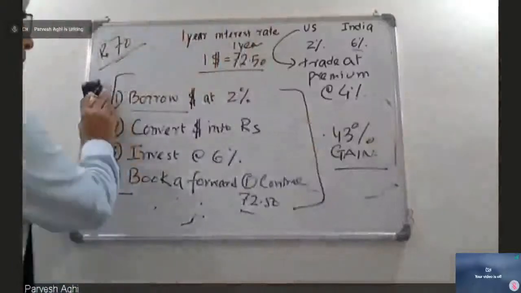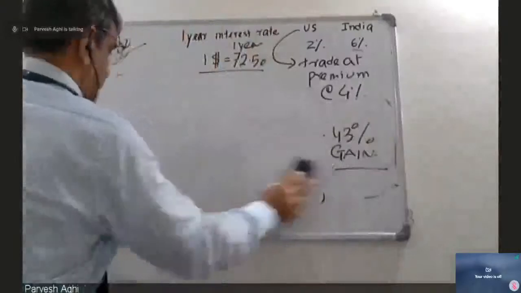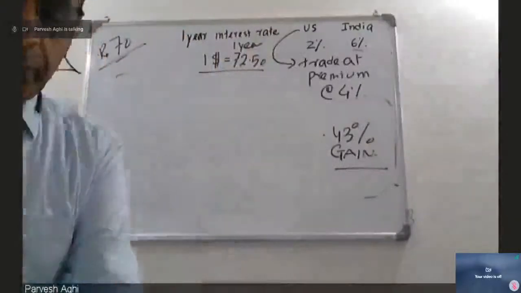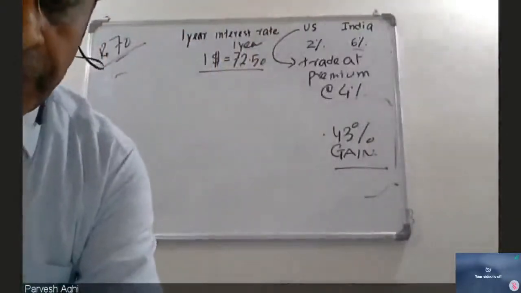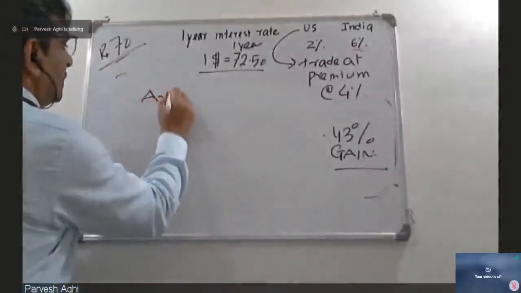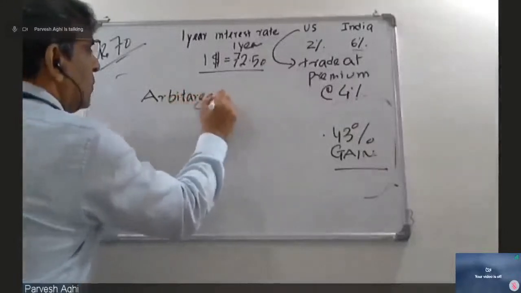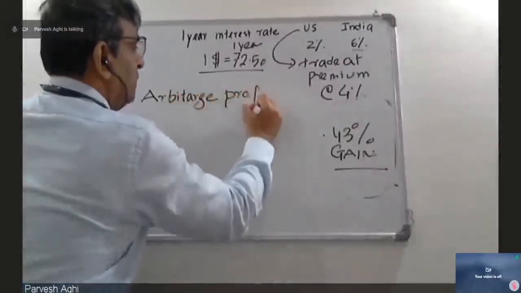So let's see how it has been done. How has this profit been worked out? What is the arbitrage profit? It's very simple.